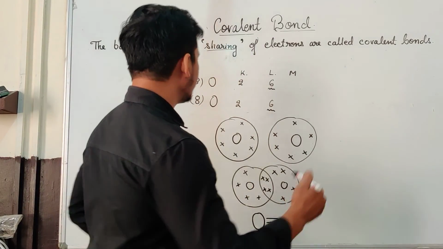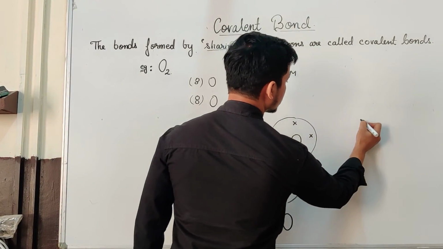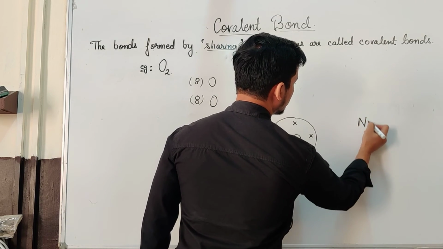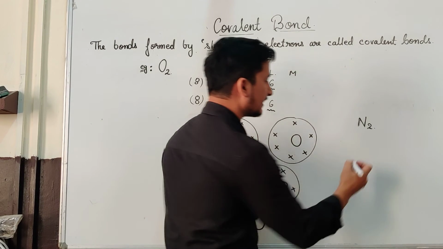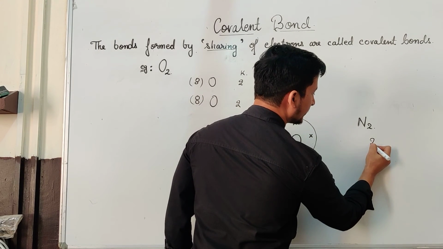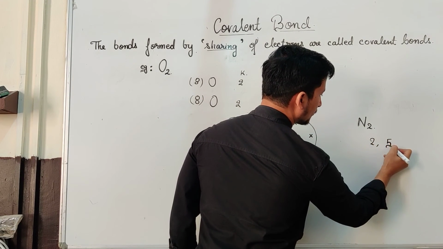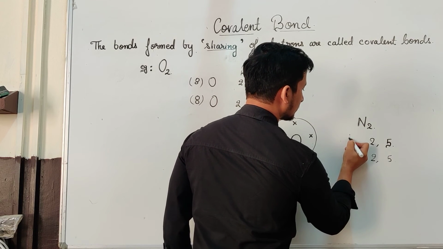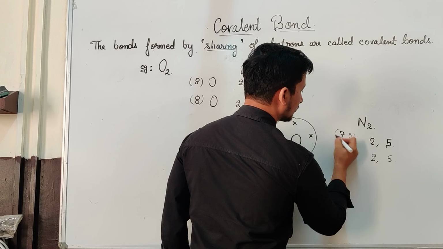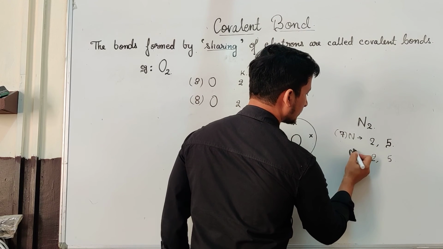Similarly, you can try for nitrogen also, N2. I will just give you one hint: nitrogen has electronic configuration 2, 5, with atomic number 7.